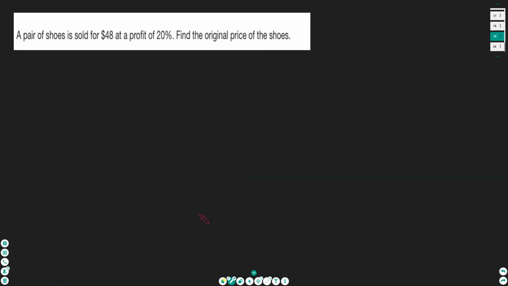Here I have another example under a percentage increase. A pair of shoes is sold for $48 at a profit of 20%. Find the original price of the shoes. First, we see that we have a percentage increase problem because of the profit. So we need to find the right multiplier. Under a percentage increase, the multiplier is 1 plus the percentage.